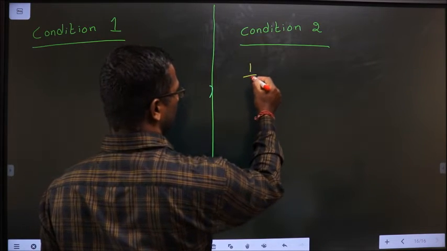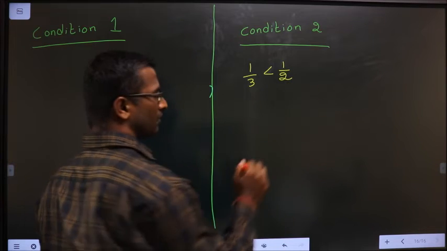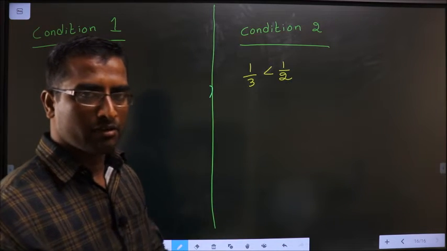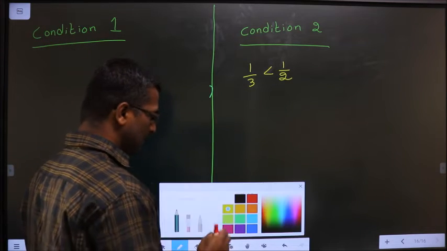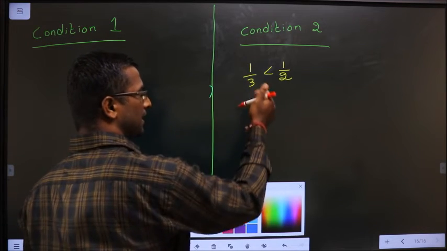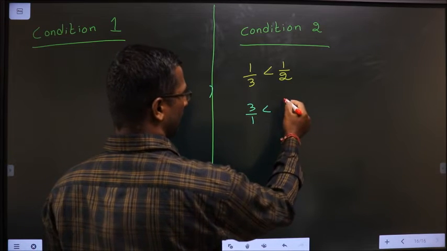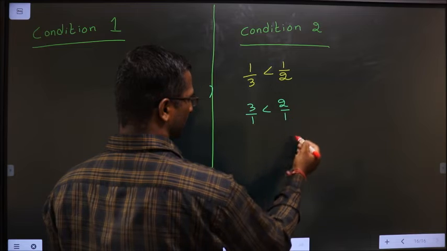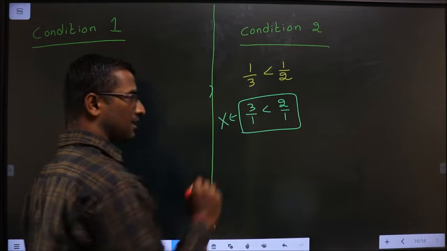I know 1 by 3 is less than 1 by 2. Accepted, right? Now, if I am doing reciprocal on both sides, means turning it upside down, I get 3 by 1 and here I get 2 by 1. Is it correct? No, it's not correct.